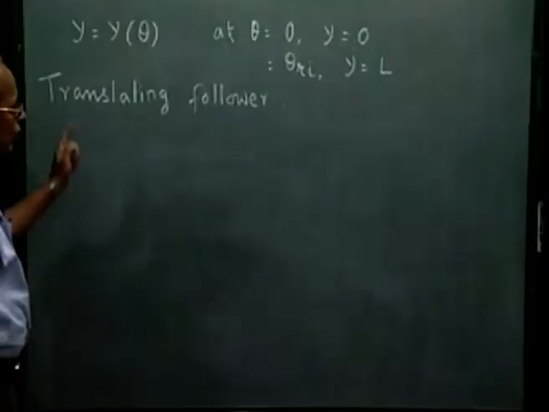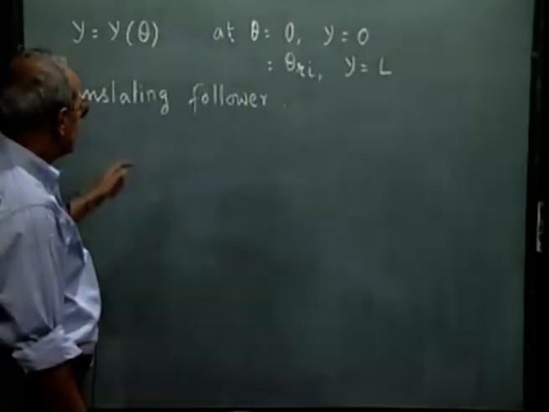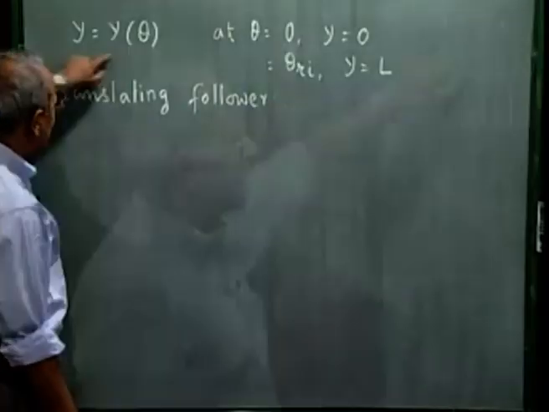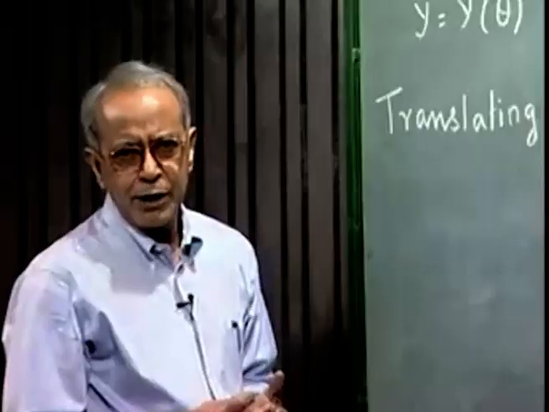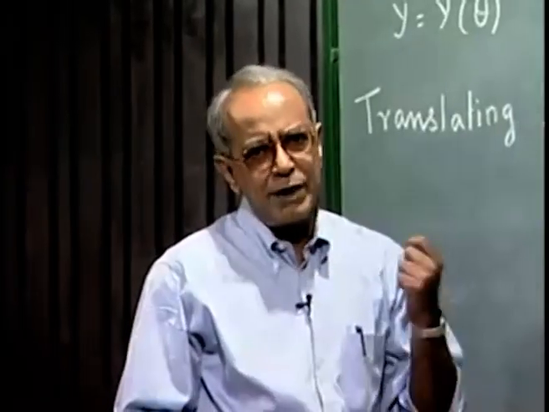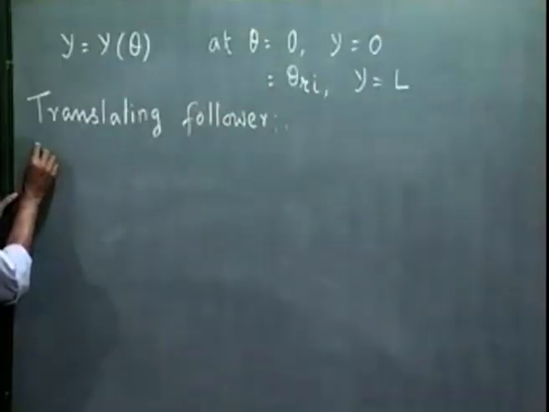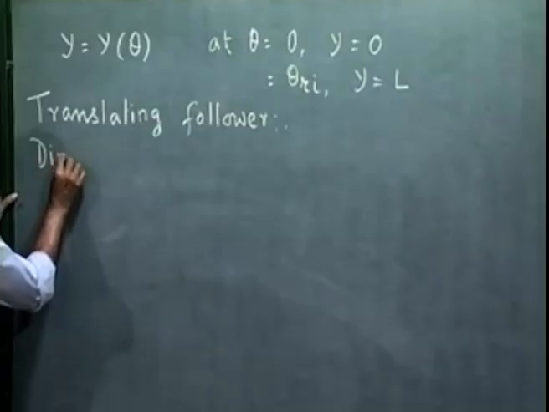However, before we get into the discussion of cam profile synthesis, we shall see that to produce this desired motion of the follower, we cannot come out with a unique cam unless we determine some basic dimensions of the cam. So, we first say we determine the basic dimensions.